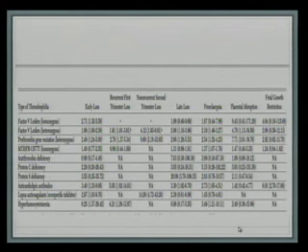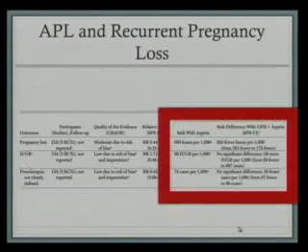Just remember that these confidence intervals are, again, really wide because the thrombophilias are not as prevalent as other disorders. There has been an association between thrombotic disorders and miscarriages, but it's hard to confirm whether fetal growth restriction or placental abruption is associated with these.